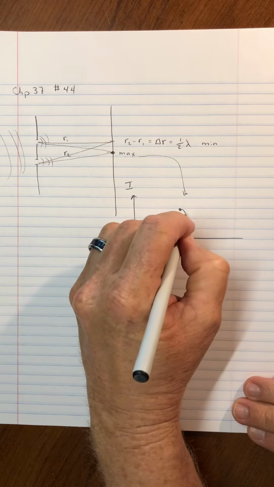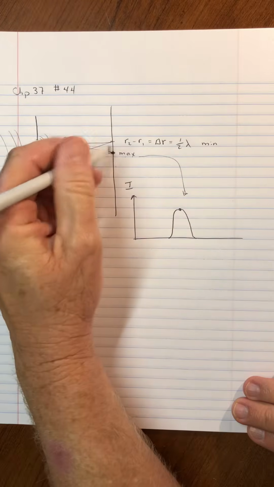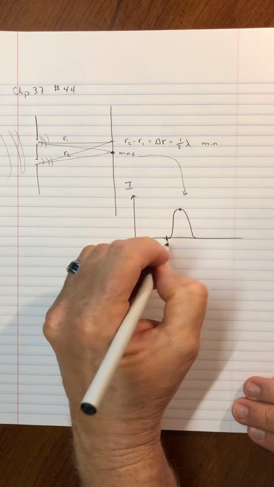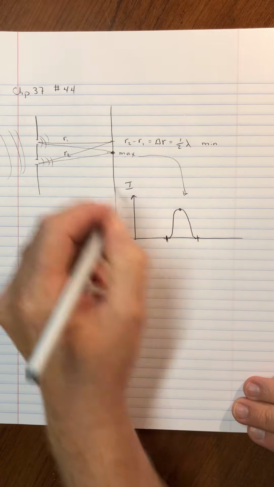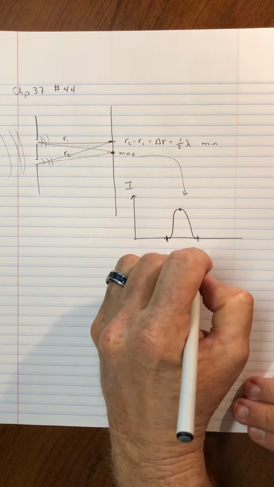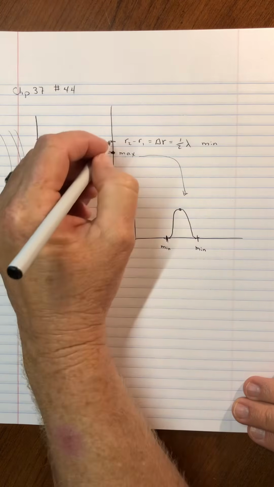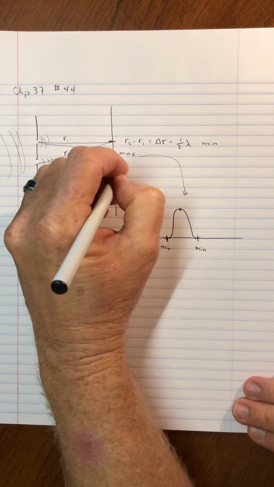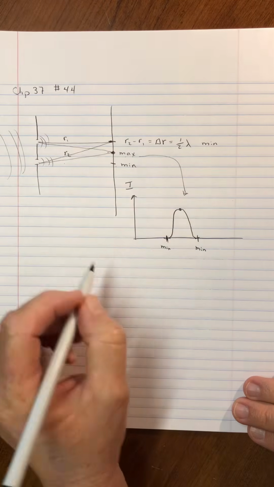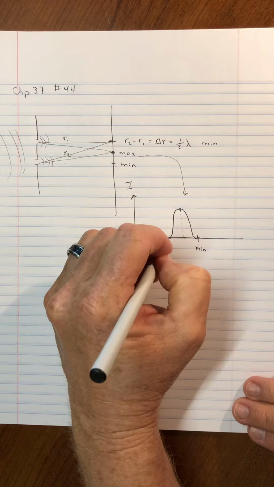And then as you move away from the center, either up or down, eventually you're going to get to a point, as I just described here, where you would get a destructive interference. And the same would be down below the central one. So we got what we call the central bright one and then a minimum.